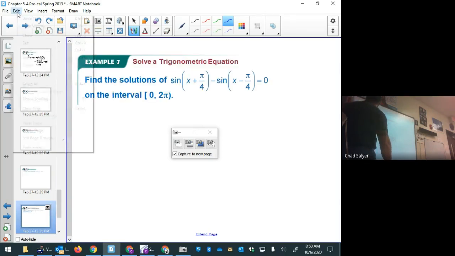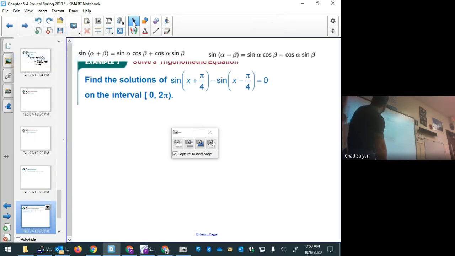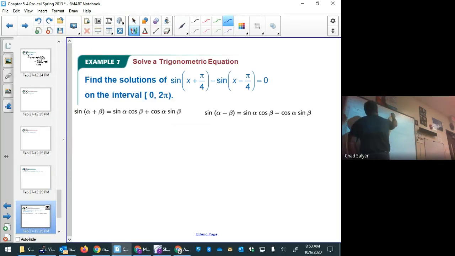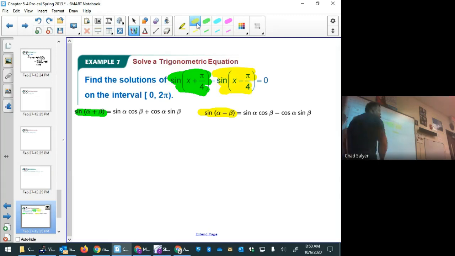Here we go. So these are the two formulas we're going to use. And do you see how this is like this and this is like this? Let's see where I'm going with this.